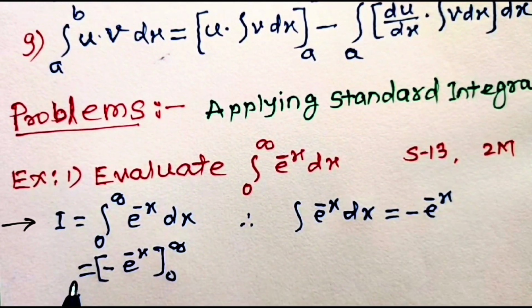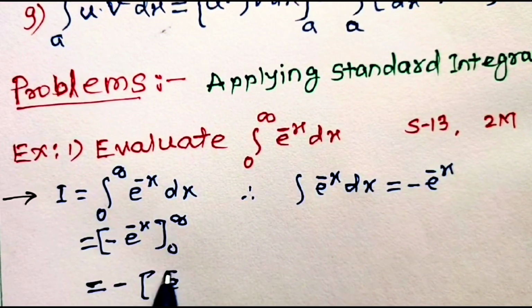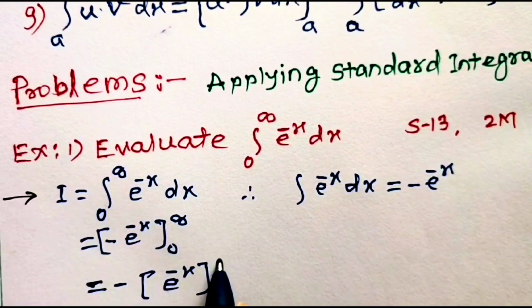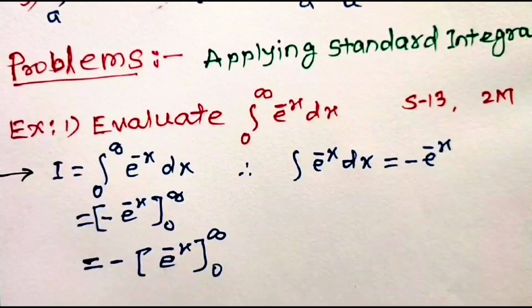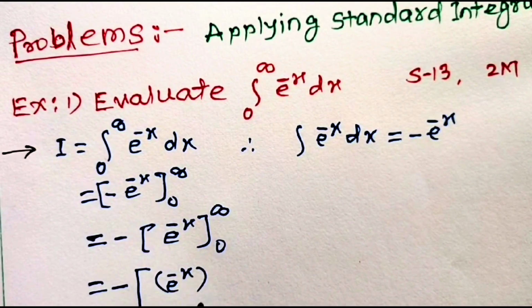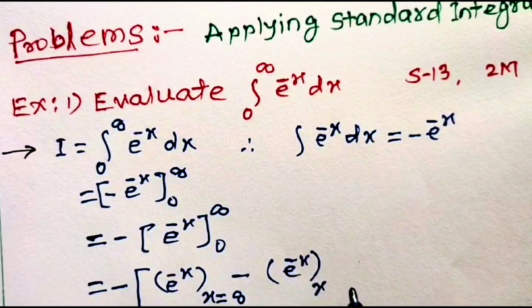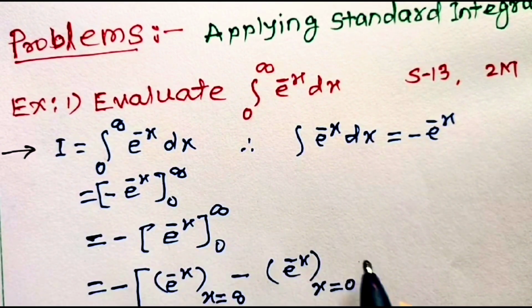Now take the minus sign outside this bracket and this can be written as minus of e to the power minus x with limits from 0 to infinity. First of all we have to simplify this. You can write this as minus of e to the power minus x, replacing x by infinity first, minus e to the power minus x, replacing x by the lower limit 0.